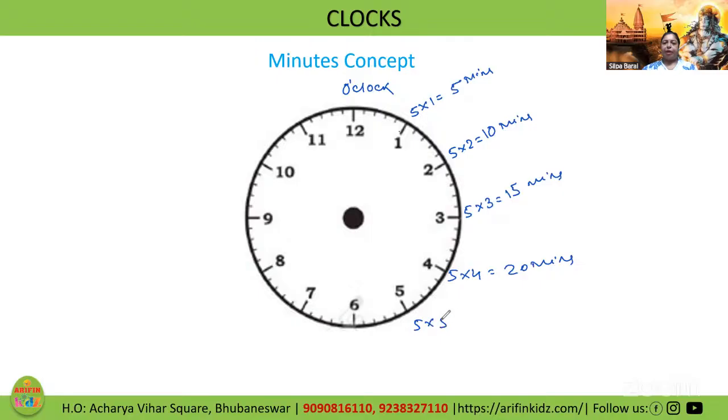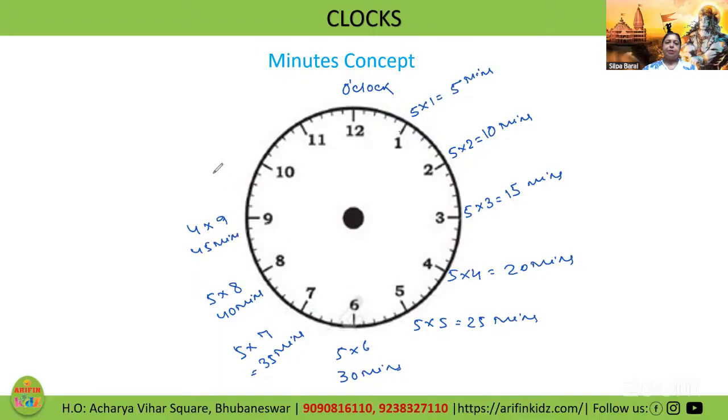Then 5 into 5, 25 minutes. 5 into 6, it is 30 minutes. 5 into 7, 35 minutes. 5 into 8, it is 40 minutes. 5 into 9, 45 minutes. 5 into 10, it is 50 minutes. It is 5 into 11, it is beta 55 minutes.